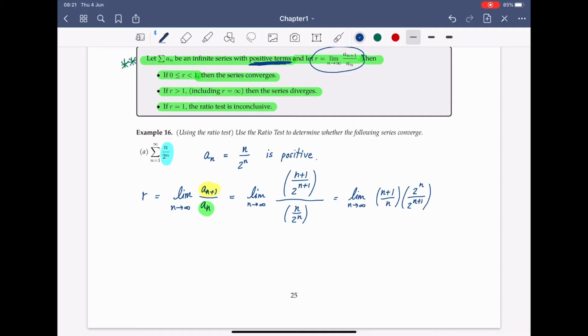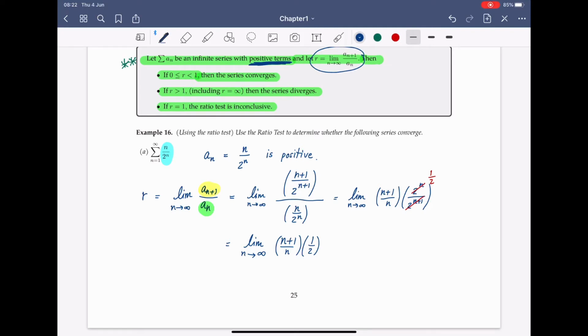After simplifying, what you have left is the limit as n goes to infinity of (n+1) over n times 1 half, because 2 to the n cancels with 2 to the (n+1), and you have 1 half left. Then you compute the limit.